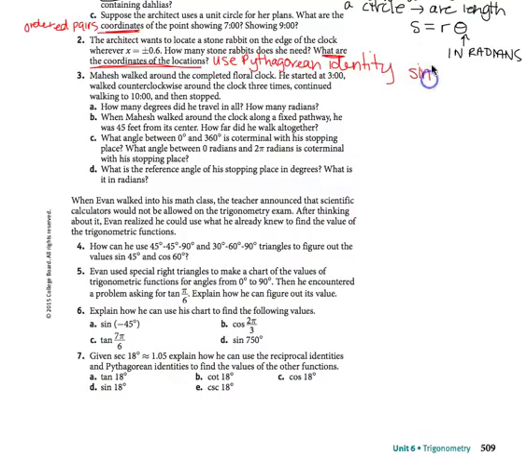That's sine squared theta plus cosine squared theta equals 1. Now, you may say, how am I going to use the Pythagorean identity? Remember that each coordinate, x and y, has a relationship in the unit circle. You should know what the x coordinate gives you. You should know what the y coordinate gives you.